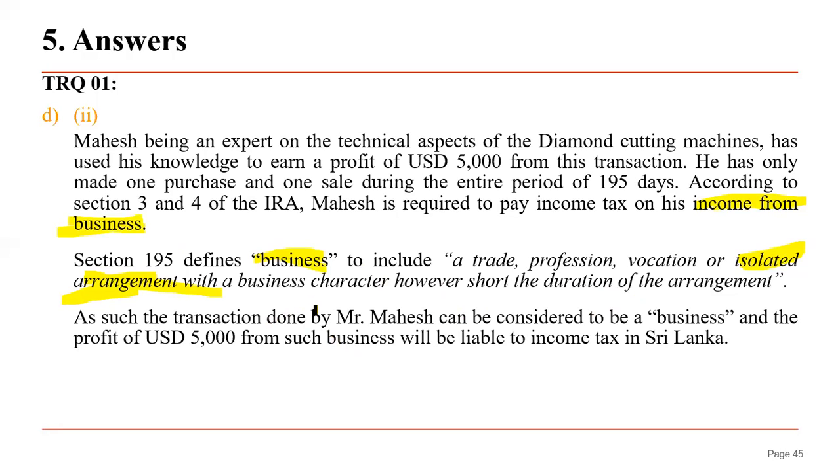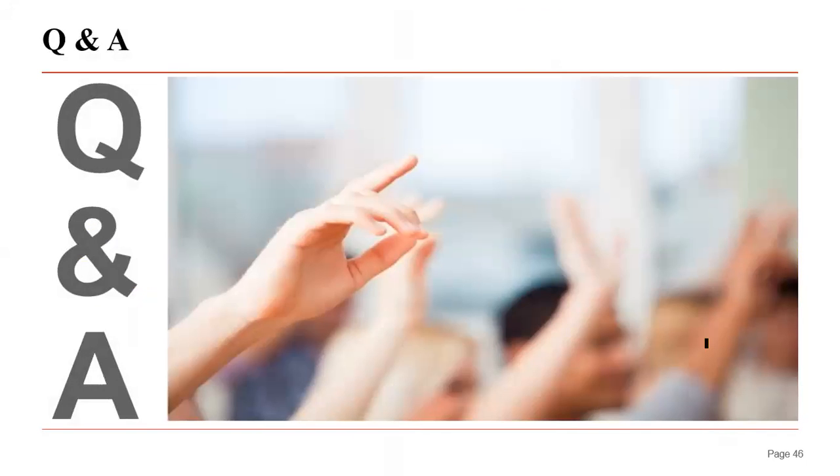As such, Mahesh can be considered to be carrying on a business, and the profit of 5,000 from such business will be liable to tax in Sri Lanka. Then you just need to emphasize Mahesh's part, and 5,000 is also liable, altogether 8,000 is liable here. Then the non-resident section part is also finished.